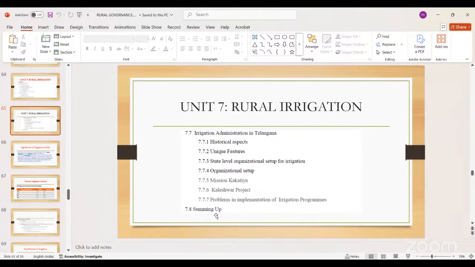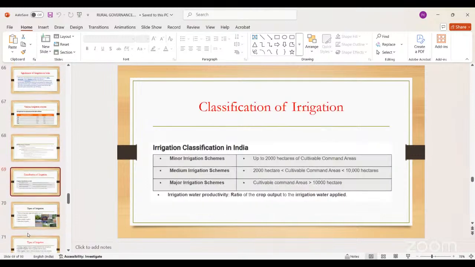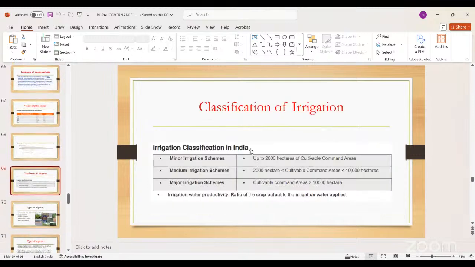I think before that I should show you the classification of irrigation projects across India. Minor irrigation schemes have up to 2,000 hectares of cultivable command area.